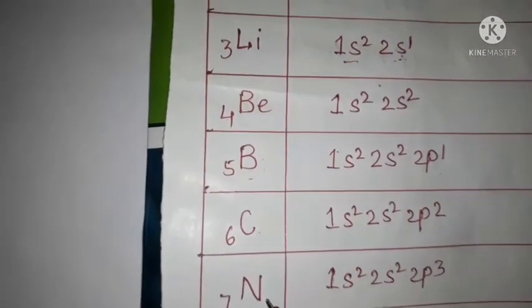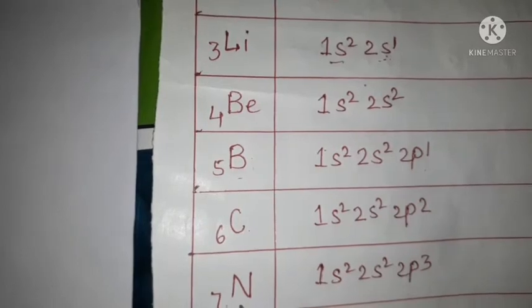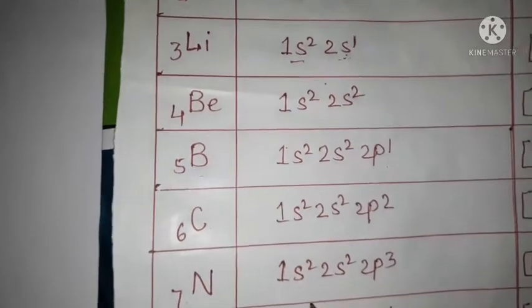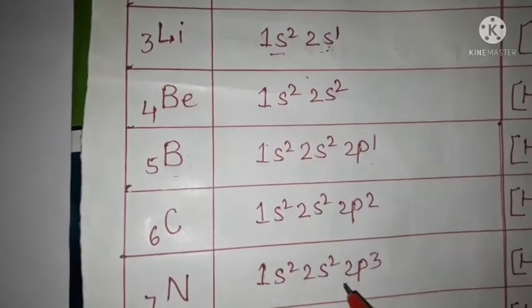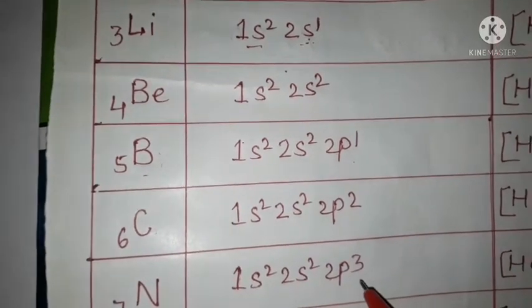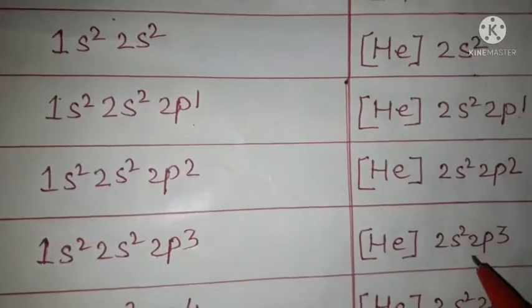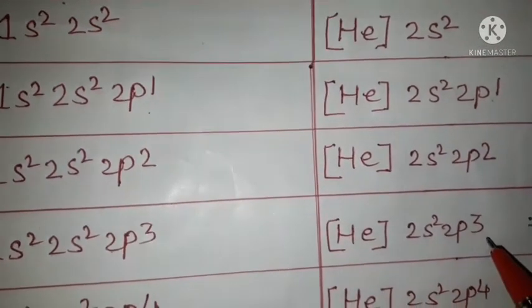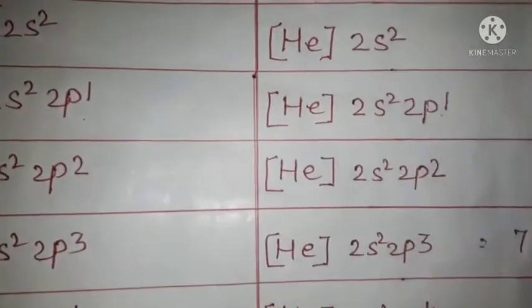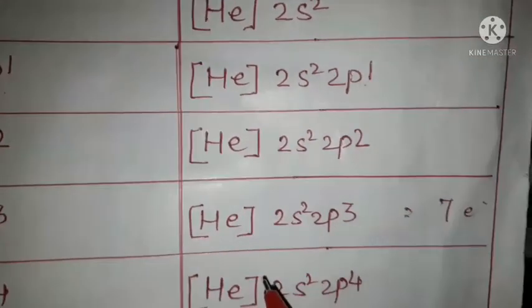Now next element nitrogen, its Z is 7, so we write 1s2, 2s2, 2p3. In short form we write He 2s2, 2p3, that is equal to 7 electrons.